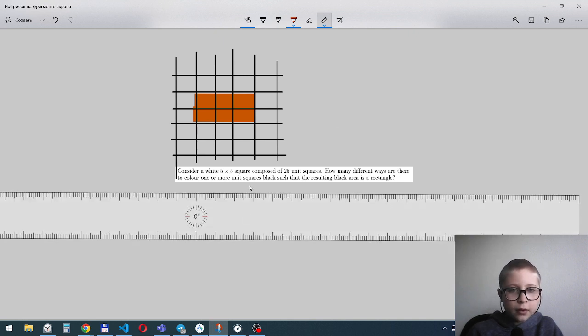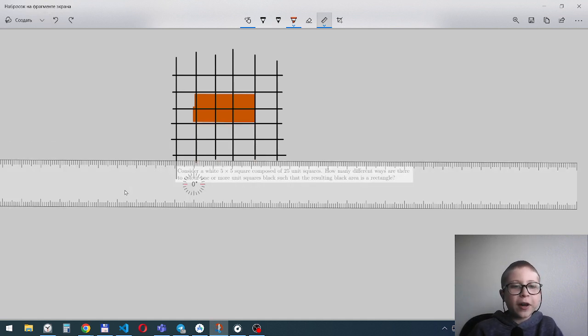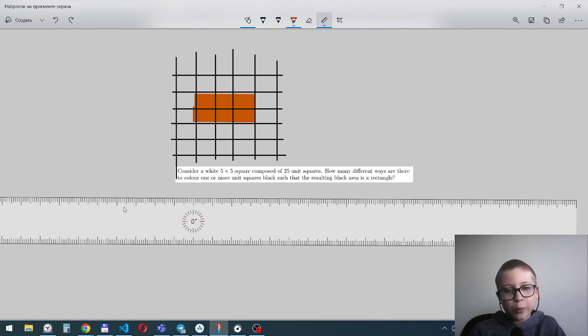If we color this area here too, we'll have a 3 by 3 rectangle. We need to find out in how many ways we can color some area red so that we have a rectangle.